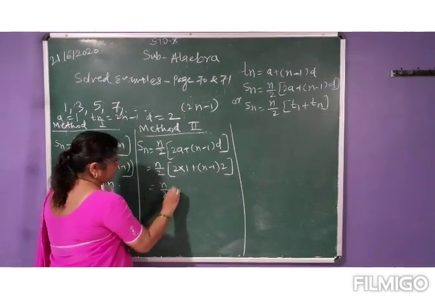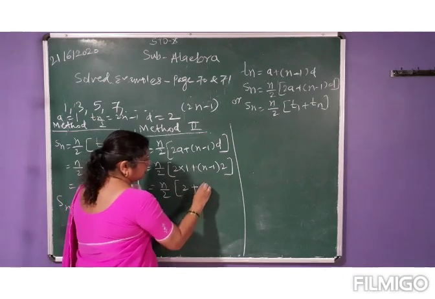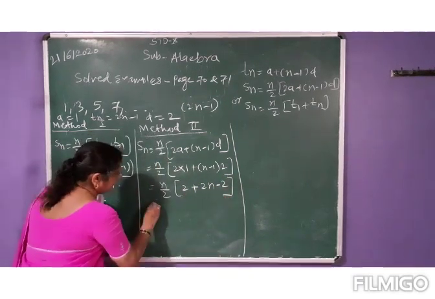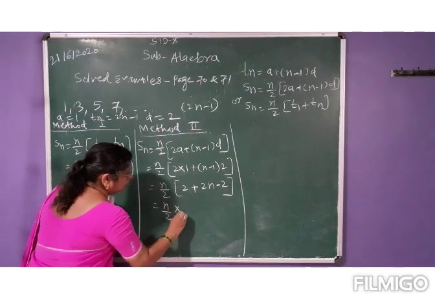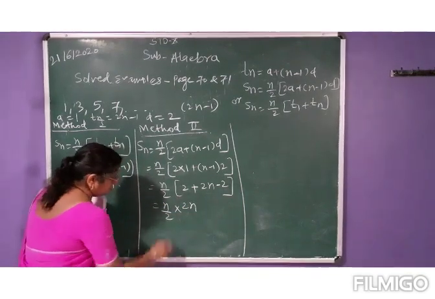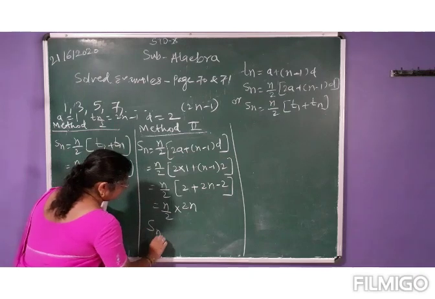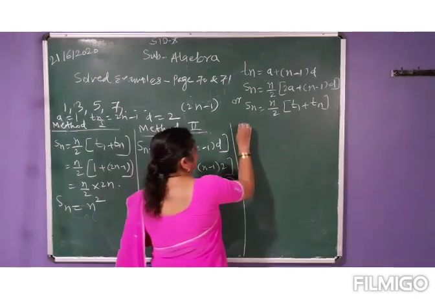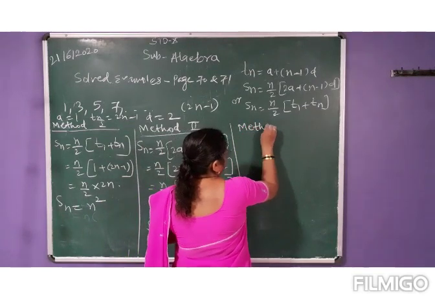So n upon 2, 2 plus, now see, 2n minus 2, 2 will get cancelled, so n upon 2 into 2n will remain. So again 2 will get cancelled, Sn is equal to n square. Now we will see method 3.